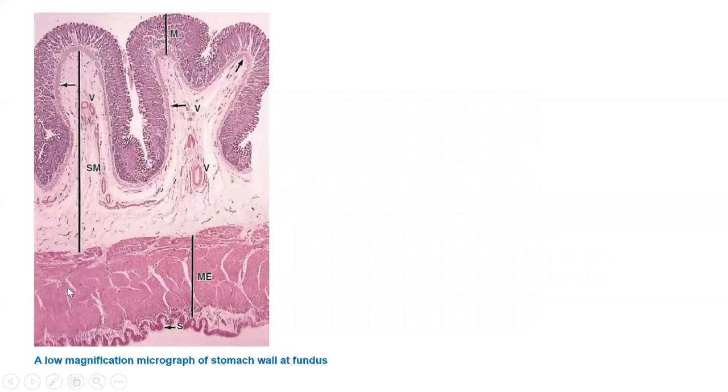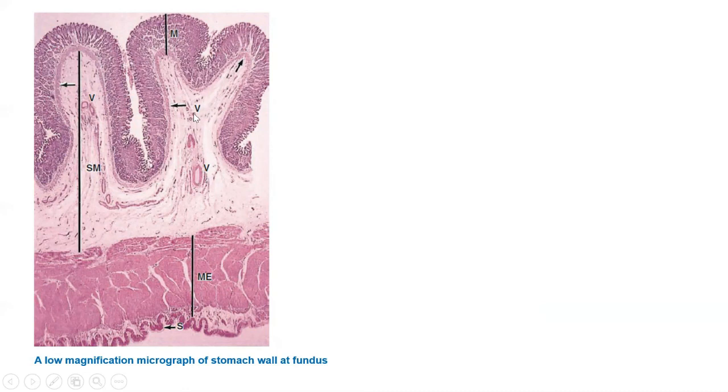This is a low magnification micrograph of stomach wall at the fundus, and we can identify the four layer clearly. This is the mucosa, and this arrow mark area, this is the muscularis mucosa, and under that this is submucosa, and these are the blood vessels.